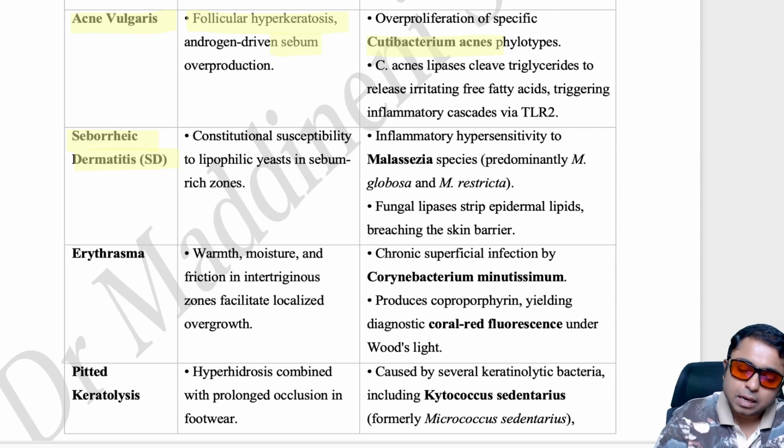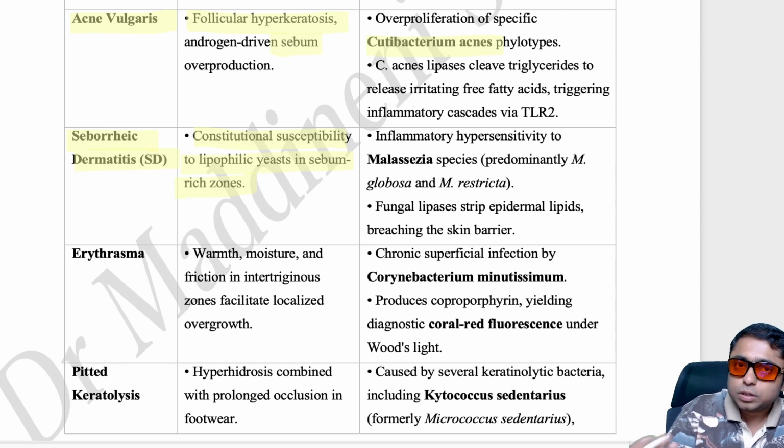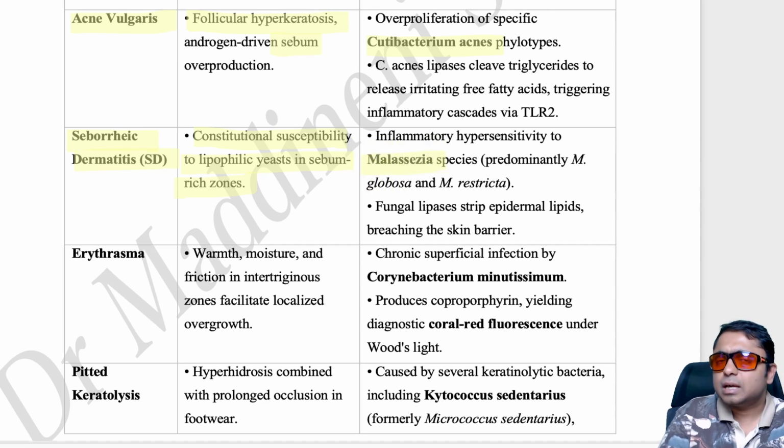Seborrheic dermatitis: the susceptibility to lipophilic yeasts in the sebum rich zones is going to be there because of this inflammation, which is over inflammation or overstimulation of the inflammatory system in the seborrheic dermatitis patients, where Malassezia species, which is a normal commensal, is going to unnecessarily cause a hypersensitivity reaction leading to this inflammation which is seen in seborrheic areas.